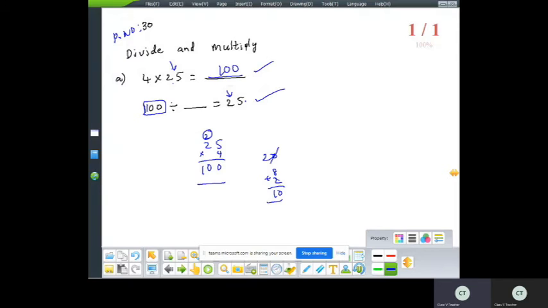See, if 100 is divided by 4, 4 ones are 4, 4 twos are 8, 4 threes are 12. 12 is greater than 10. In division, we take an equal value or a lesser value. 4 twos are 8. 10 minus 8, 2. The last digit 0 will come down. Now 20, 4 5s are 20.